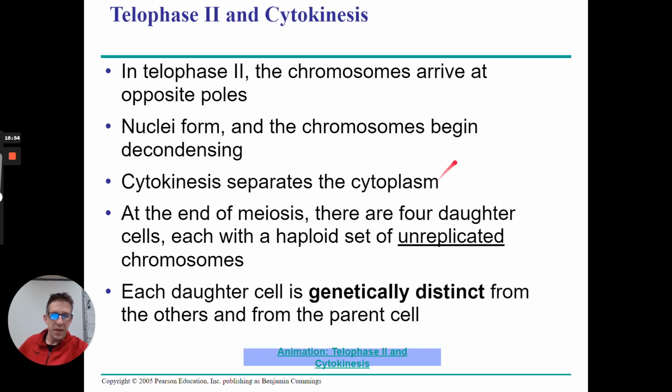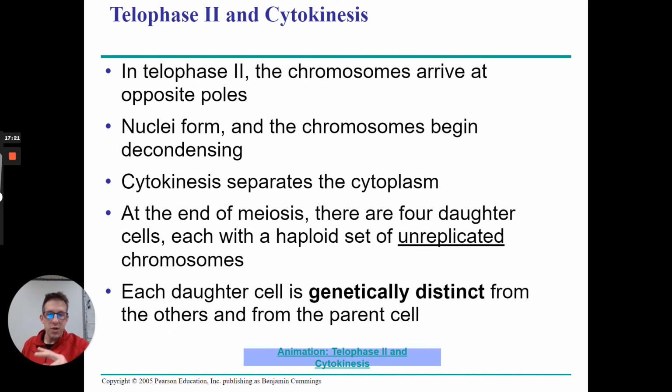Okay. And then in telophase 2 and cytokinesis, again, almost identical in nature to mitosis. So you get the reformation of the nuclear envelope, you get cytokinesis, which separates the cytoplasm, and ultimately at the end of meiosis, you are looking at 4 daughter cells, which are haploid. Okay, that's important. 4 daughter cells that are haploid.